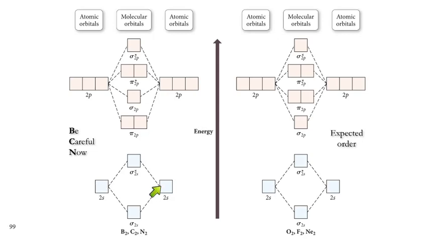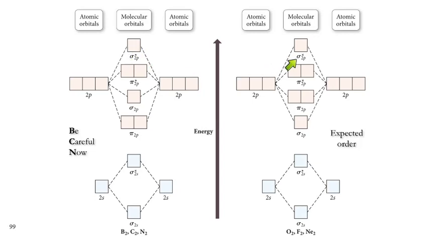So the S is the same. What's different here is the ordering of the orbitals from the 2p. So now we have the pi being lowest, pi bonding, and then sigma bonding, then pi antibonding, and sigma antibonding.